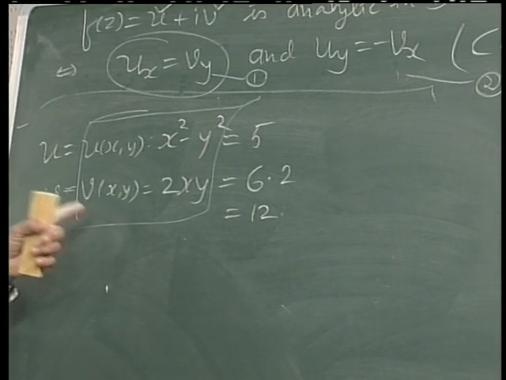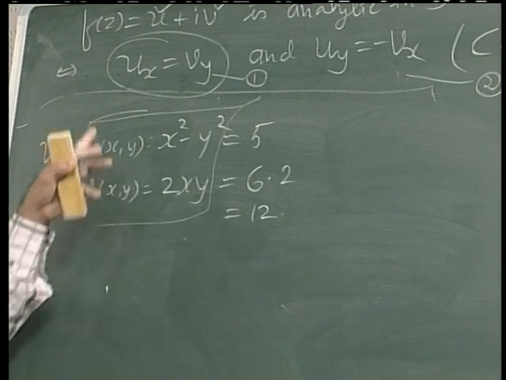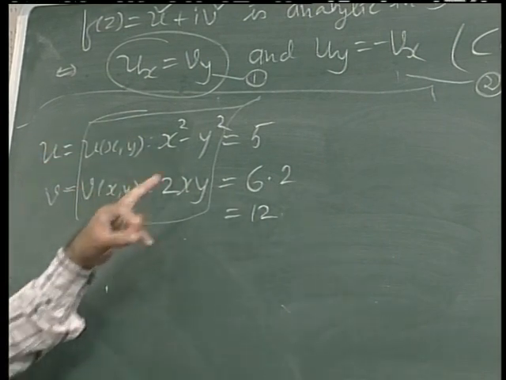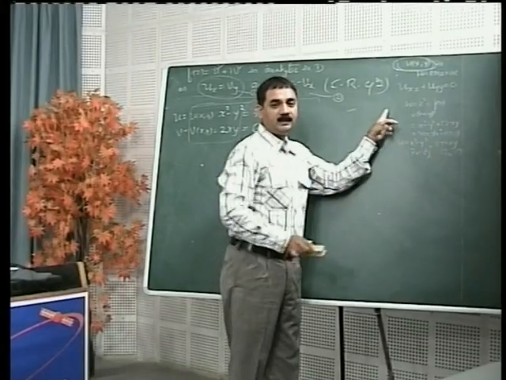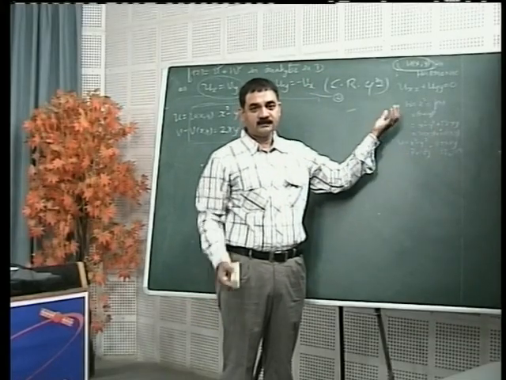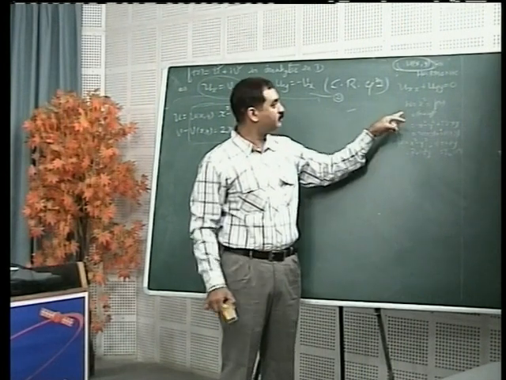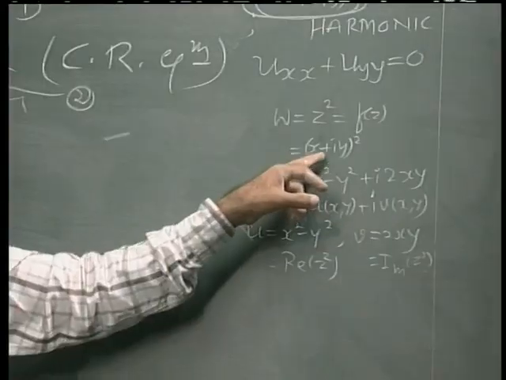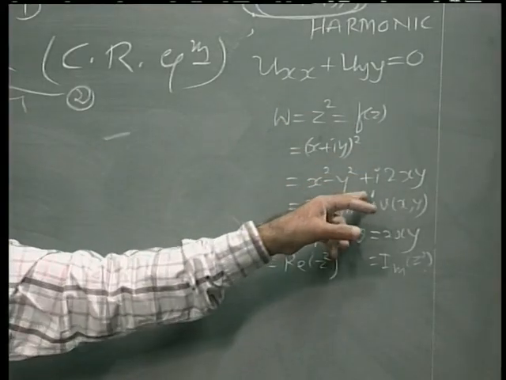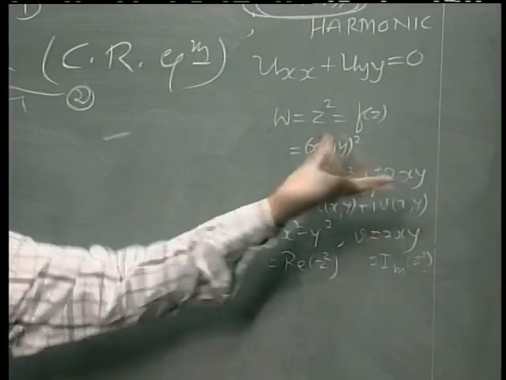Okay. Which function can we correspond with these two real valued functions u plus iv? I already mentioned in the beginning that w equals z square, that is (x plus iy) square, x square minus y square plus i 2xy.